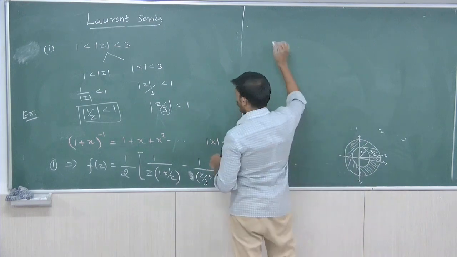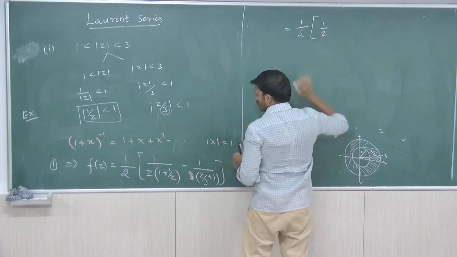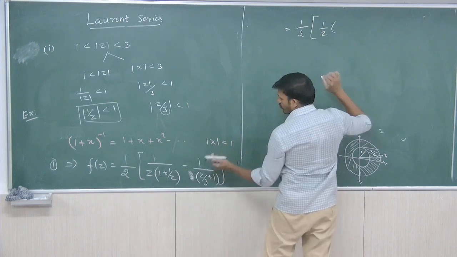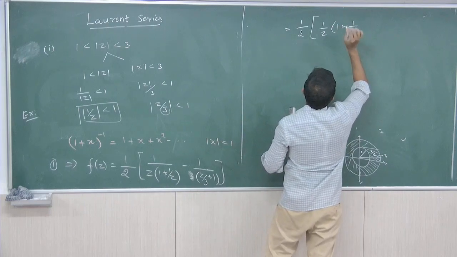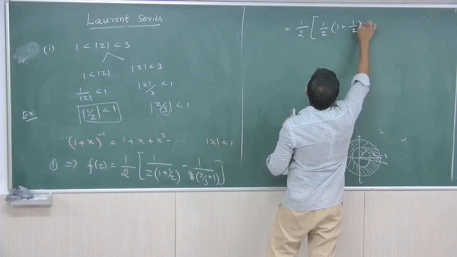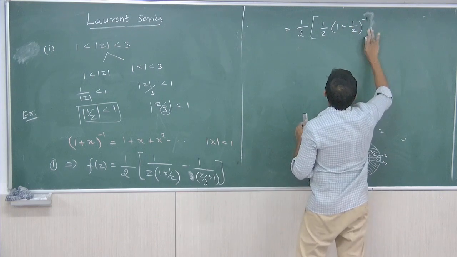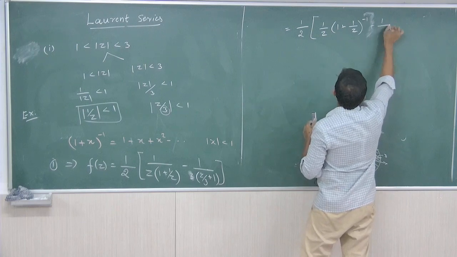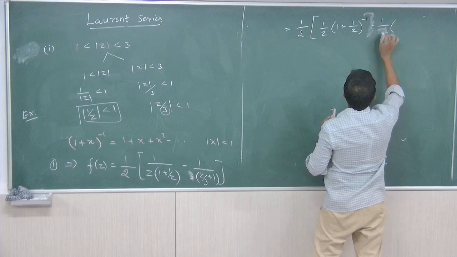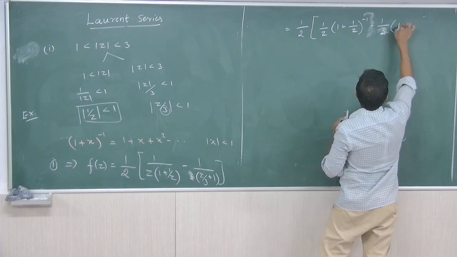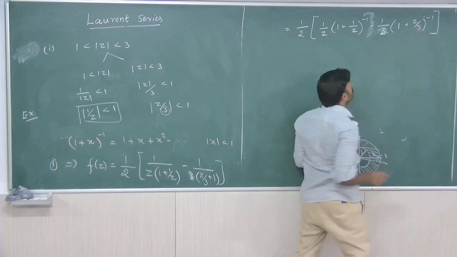So now I am going to rewrite 1 by z. I am going to shift this term to numerator. So 1 by 1 plus 1 by z whole power minus 1 minus 1 by 3, 1 plus z by 3 whole power minus 1, right?